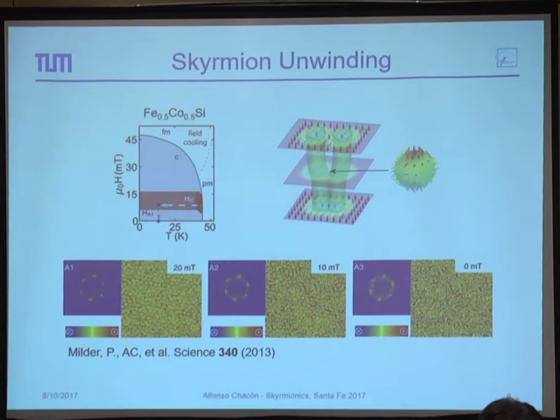And once we were there, we were able to actually see the skyrmions. The question was, okay, what happens if we just remove the field? So we took the field slowly out. We go to 10 millitesla, and these worm-like structures start appearing. And if you go to 0 millitesla, they just become larger, and we still have some skyrmions in there.